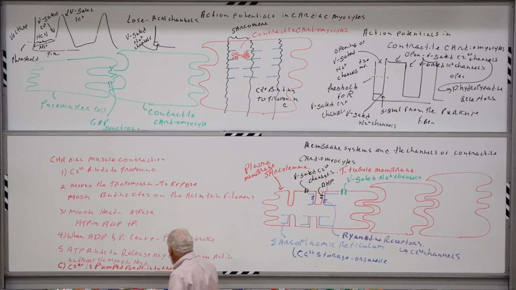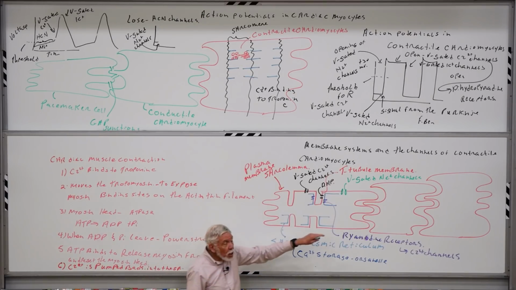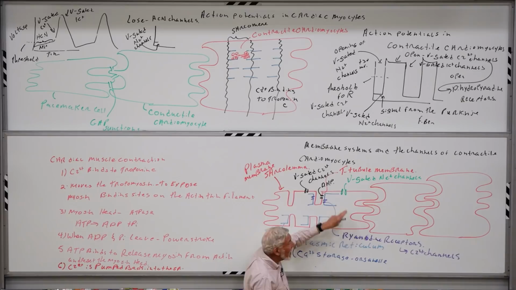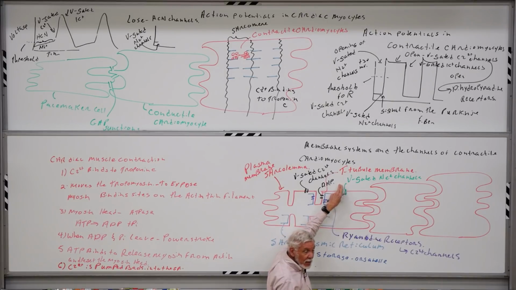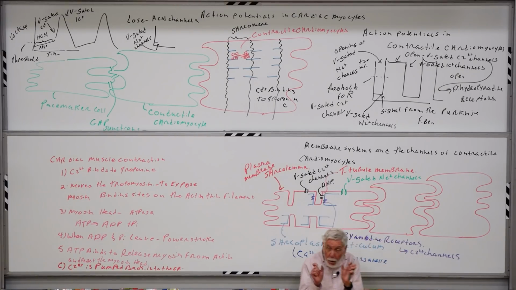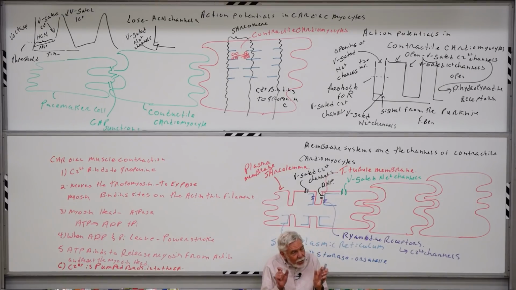If you delve into the molecular biology of this, you'll find that there are genes responsible for making the dihydropyridine receptors in skeletal muscle, and a separate set of genes responsible for making the dihydropyridine receptors in cardiac muscle. Similarly, there are genes responsible for making skeletal muscle ryanodine receptor and a separate set of genes responsible for making cardiac ryanodine receptors. Those two proteins are mighty similar, but they have slightly different functions.